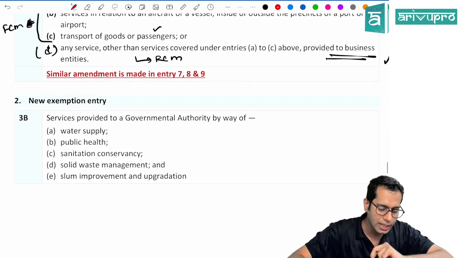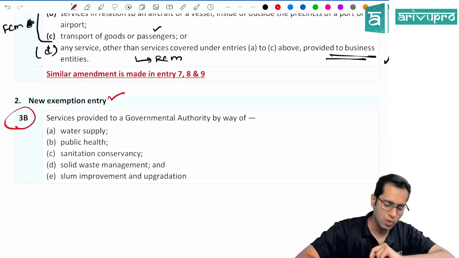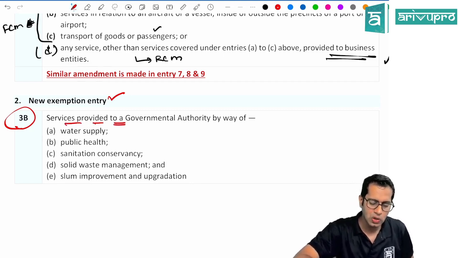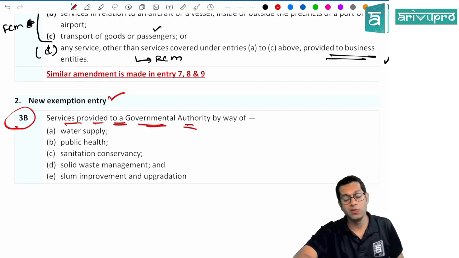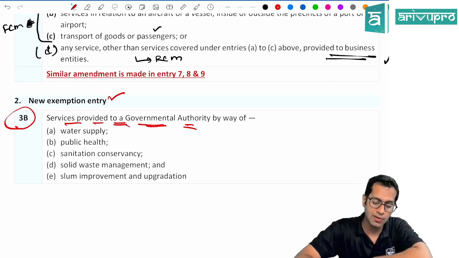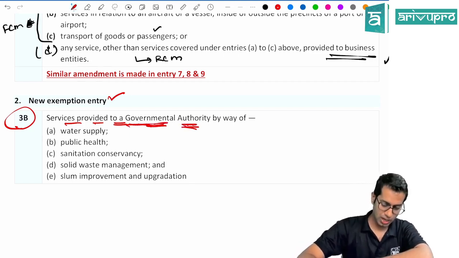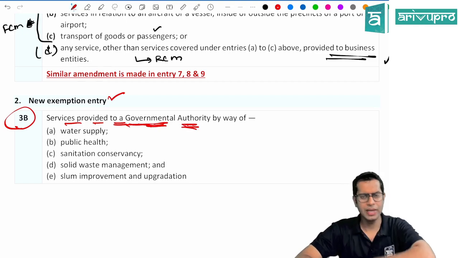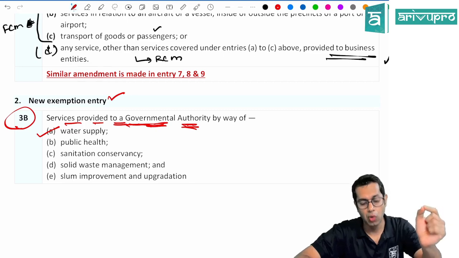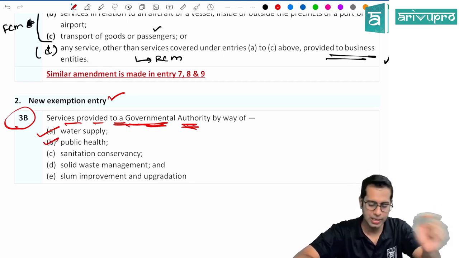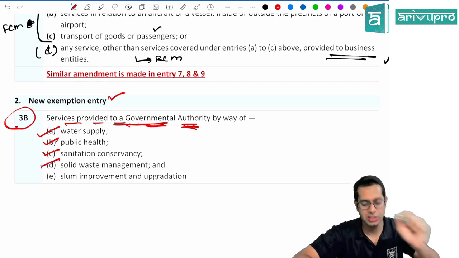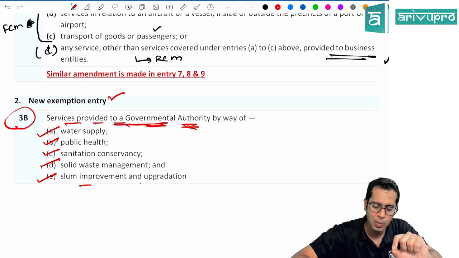Then they have added a new exemption entry number 3B. What is this entry? If the following services are given to a governmental authority, then they will be exempt: services of water supply, public health, sanitization, solid waste management, and slum improvement or upgradation.